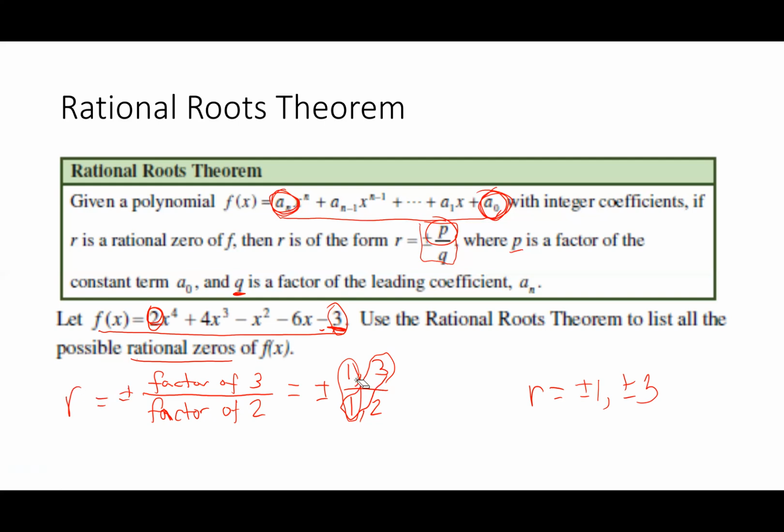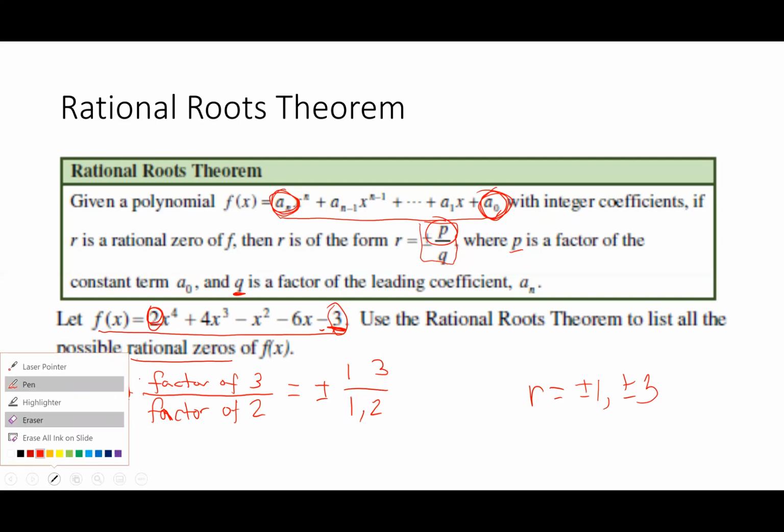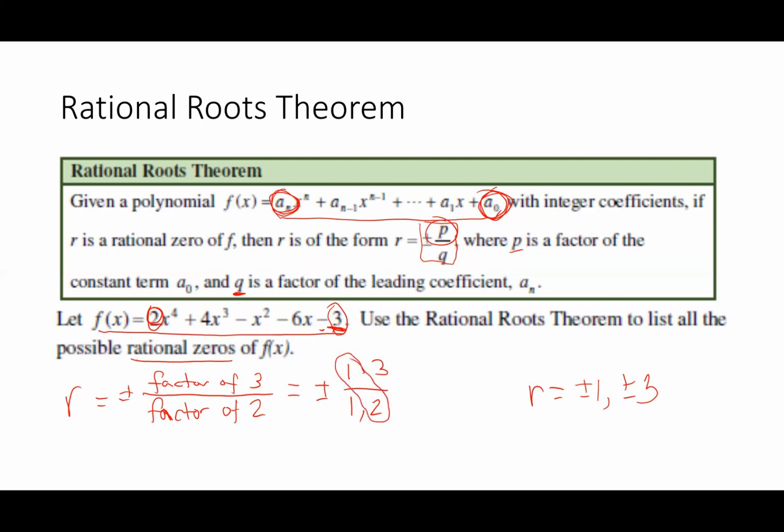Now I'm going to take a look at the factor in the denominator. So now I've got, boom, plus or minus 1 over 2, and plus or minus 3 over 2.